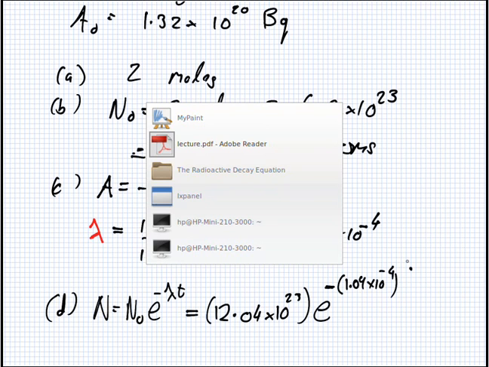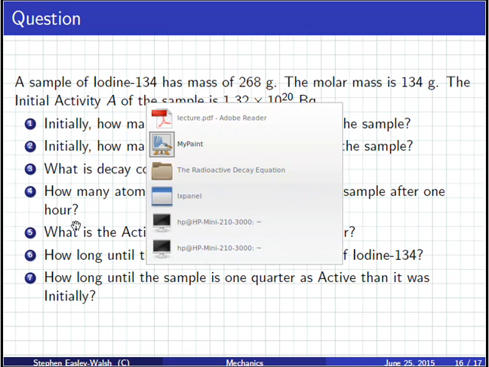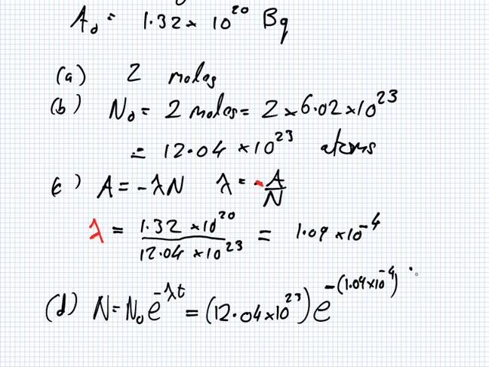Sorry, I'll go back to the question. I want to know how many atoms of iodine are there after 1 hour. 3,600 seconds, yeah. This should remind you of what from maths class?